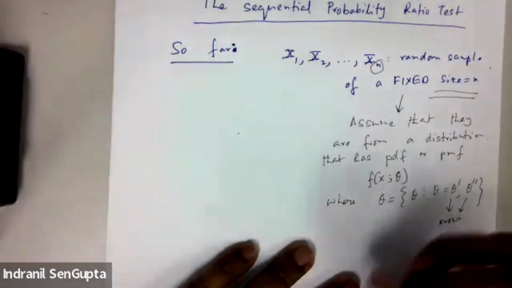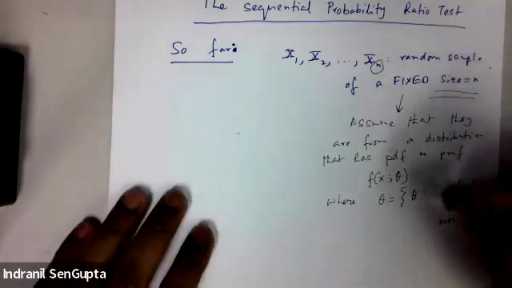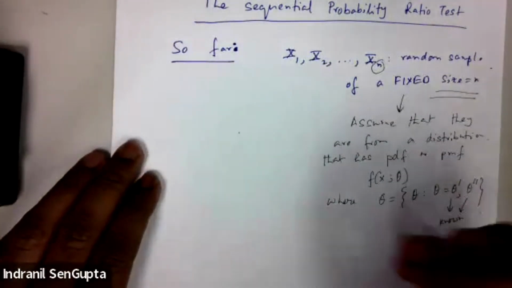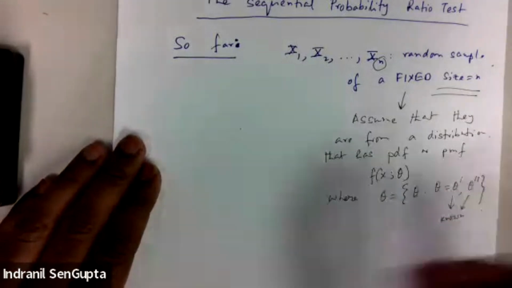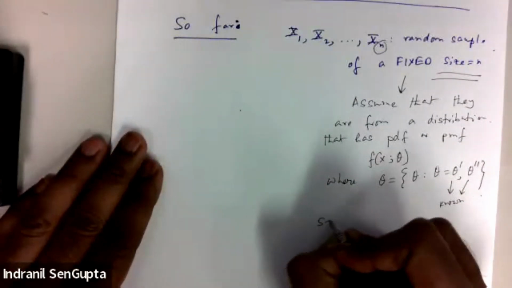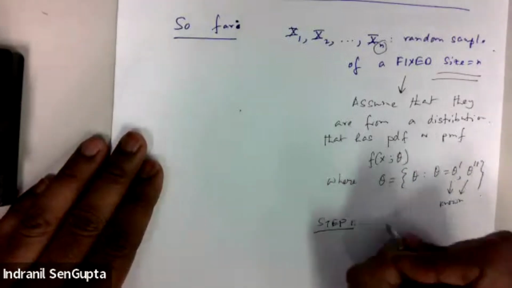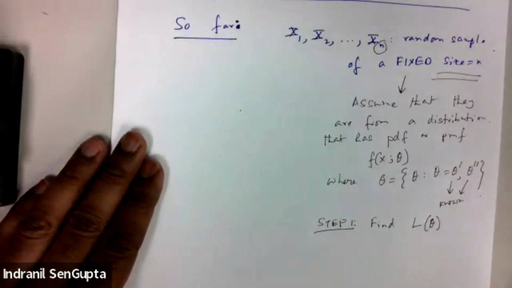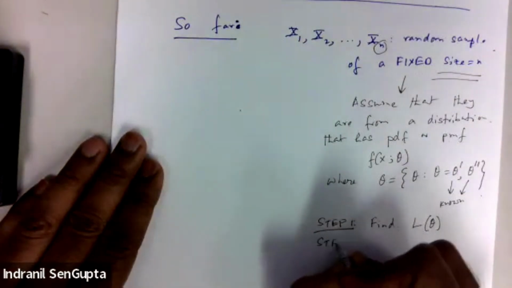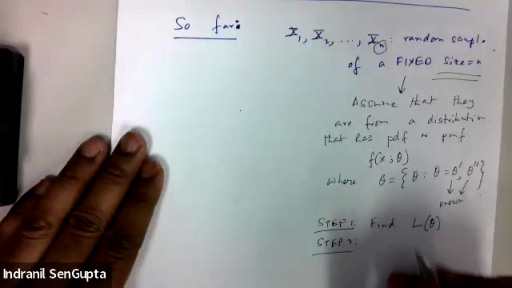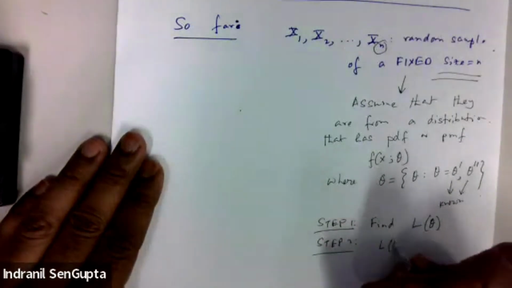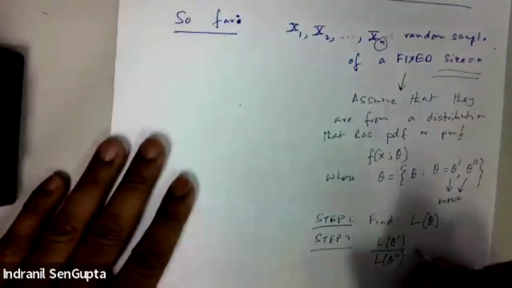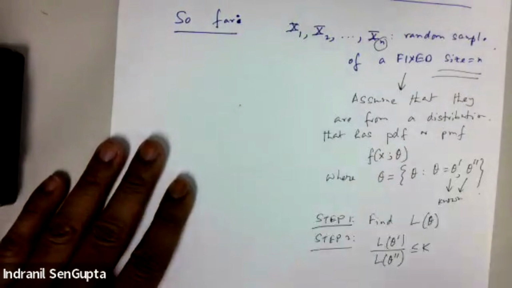Okay, so once again, so far when we want to test it, we considered the likelihood function. Step one, we find the likelihood function L(theta), and then step two, we construct some ratio, say L(theta prime) over L(theta double prime), and based on that, if it's less than k, we develop this procedure.